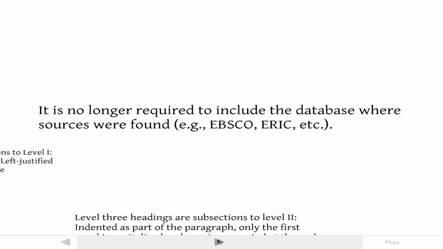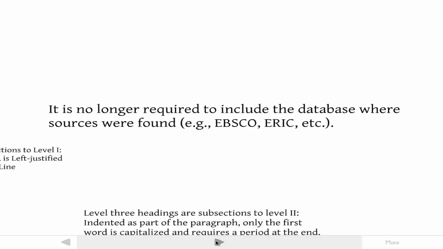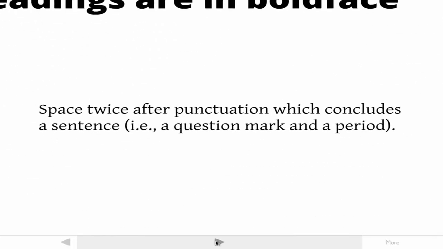It is no longer required to include a database when citing or referencing a journal, whereas before you might include EBSCO, ERIC. Now that is no longer required. It's also required now that there are 2 spaces after a sentence.